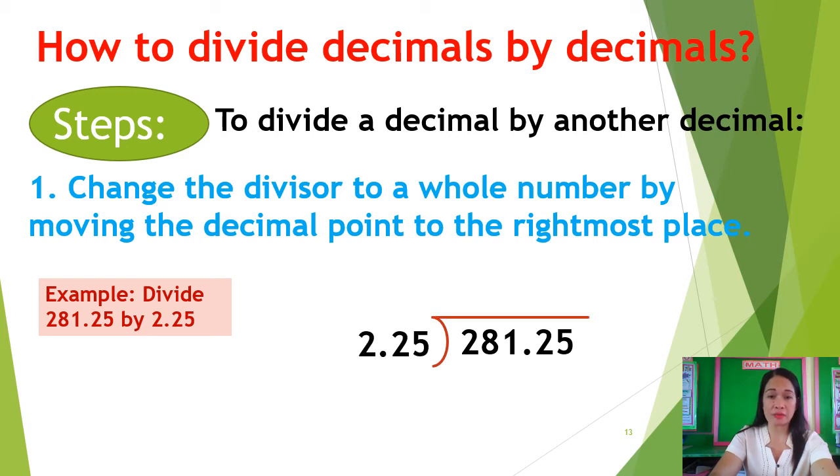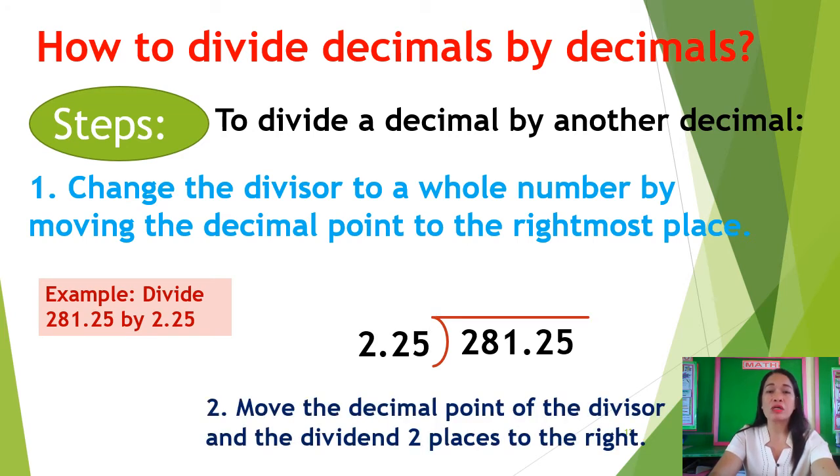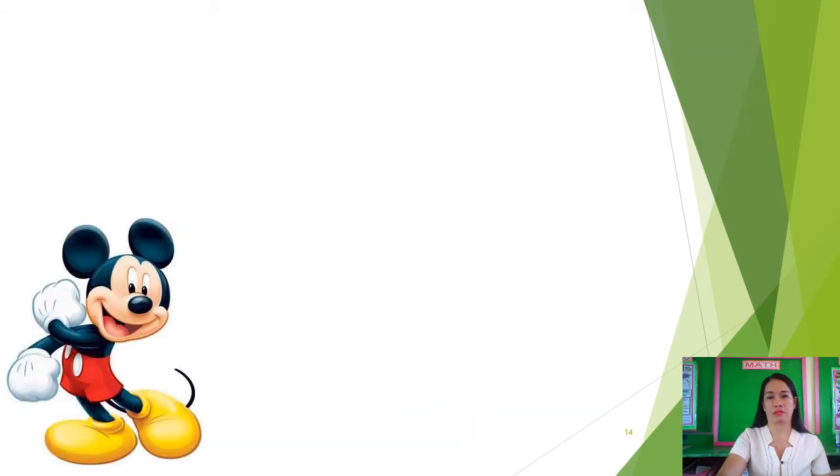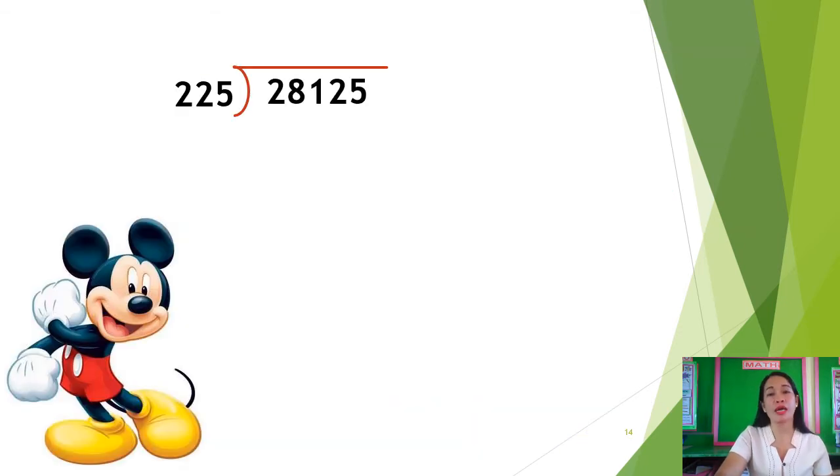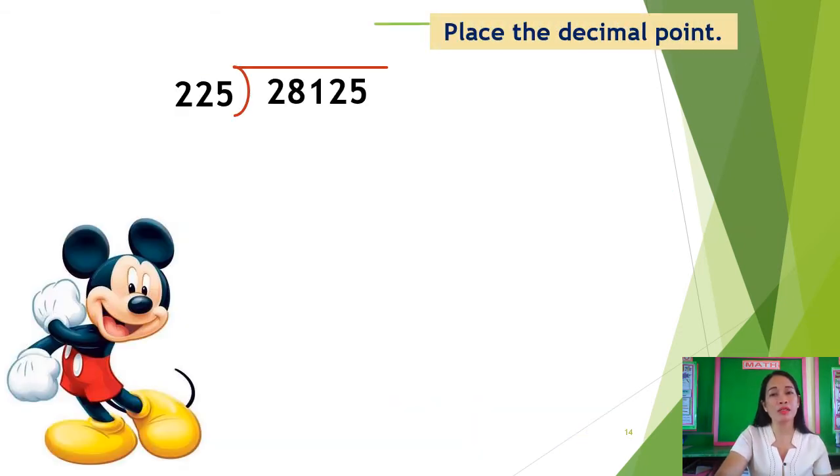Here are the steps. So, move the decimal points of the dividend and the divisor 2 places to the right, like this one. Now, you can put the decimal point right here.